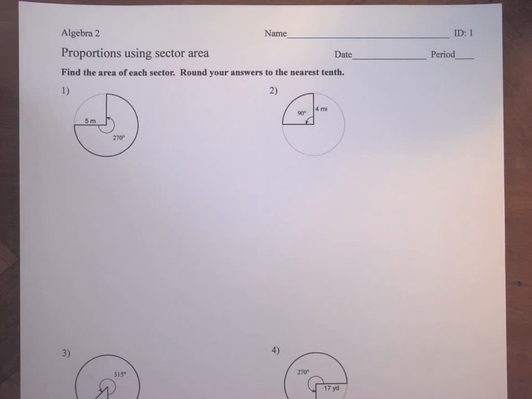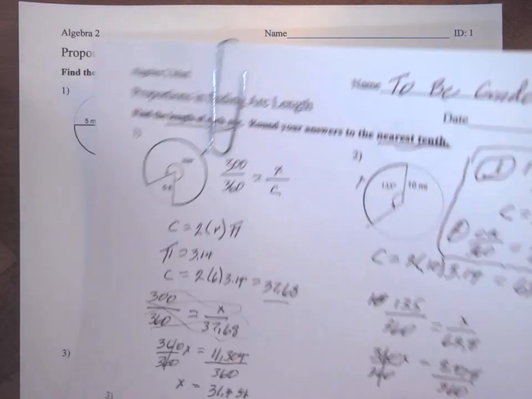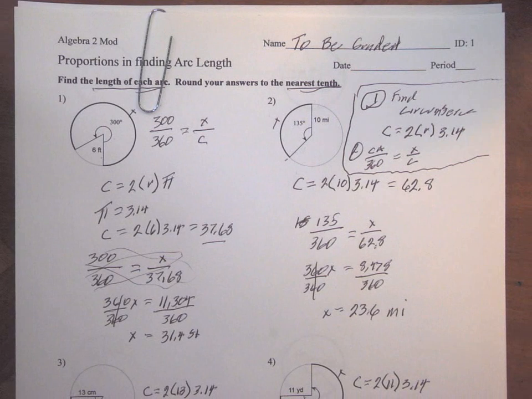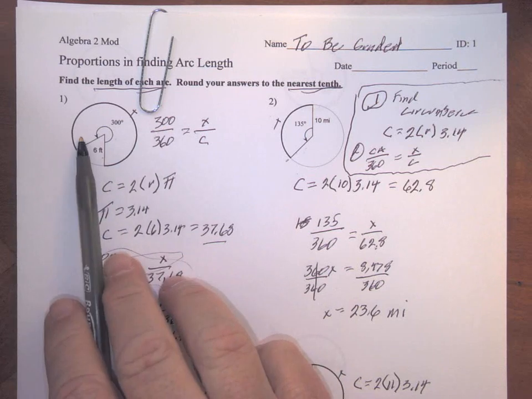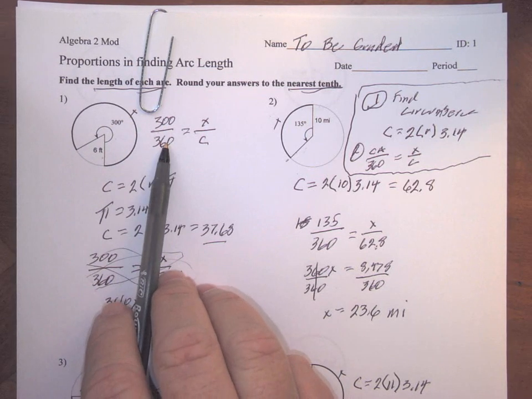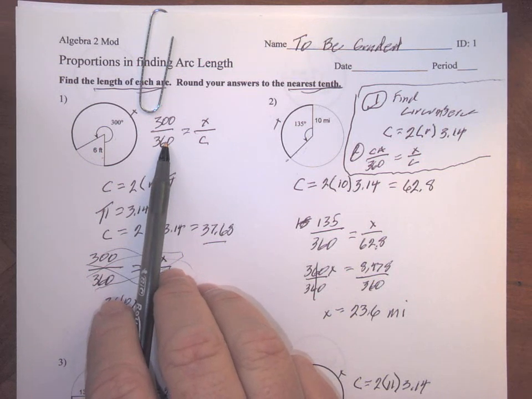Okay, folks, we're back. We're going to do pretty much the same thing we did in the first video. If you recall, we set up a proportion that had the measure of the central angle over 360, which is the total of the degrees in a circle.